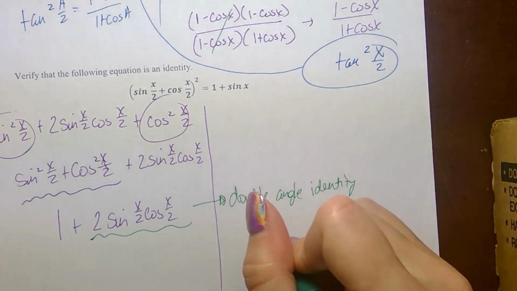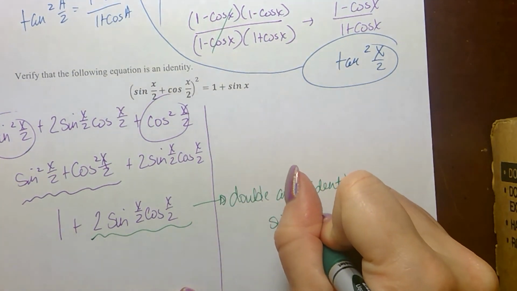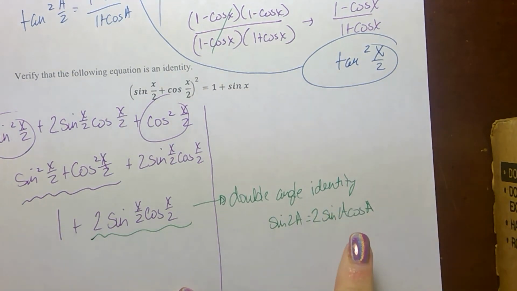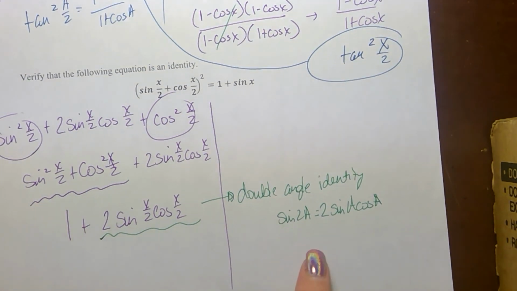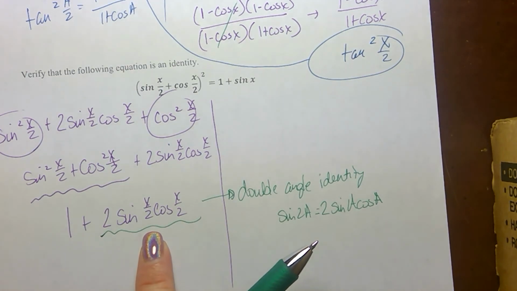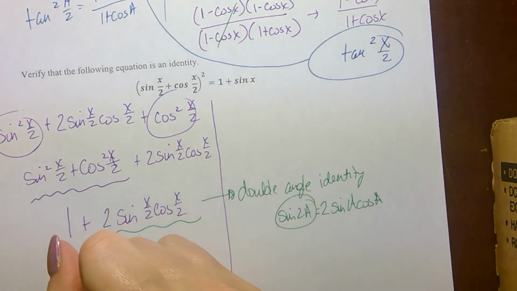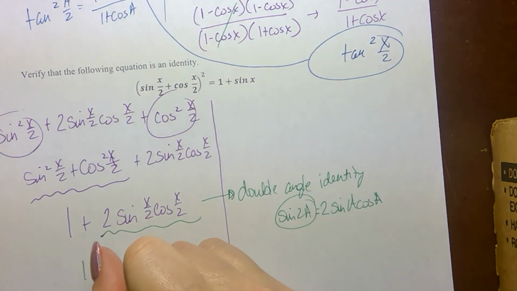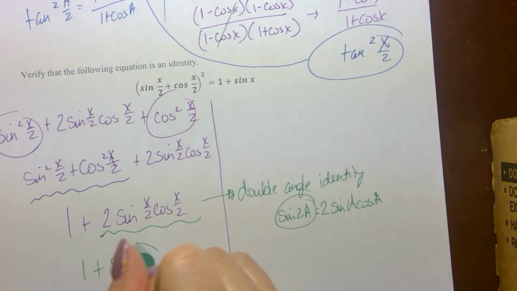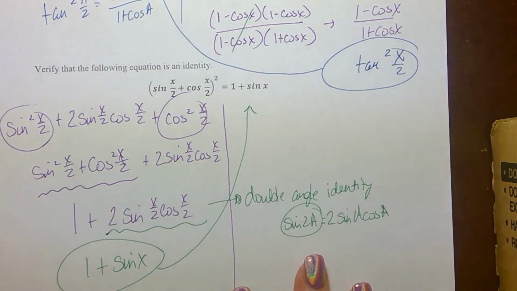So my sine double angle, sine of 2A equals 2 sine A cosine A, where the argument on the right is half the argument on the left. I can take that and say, okay, if this is the half, what is x half of? Well, it's half of x. So I've got 1 plus sine x because I apply that double angle sine identity and my identity is verified.